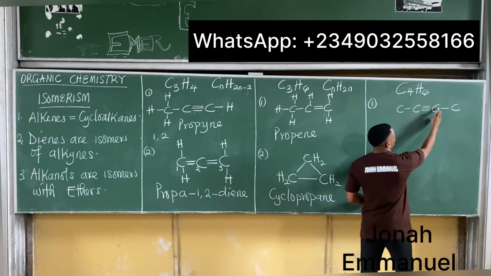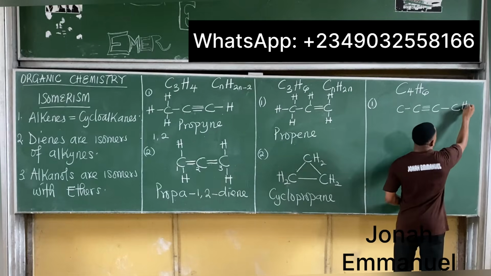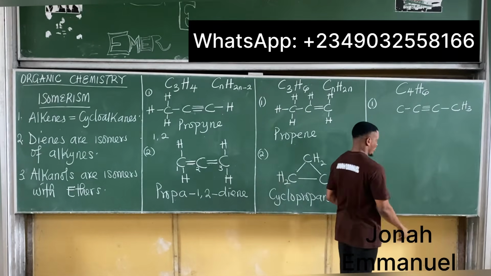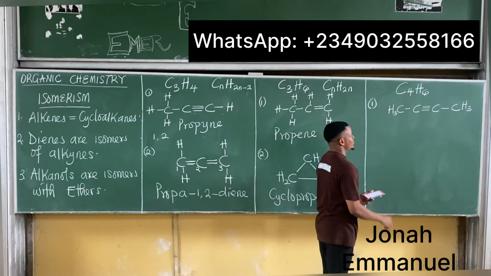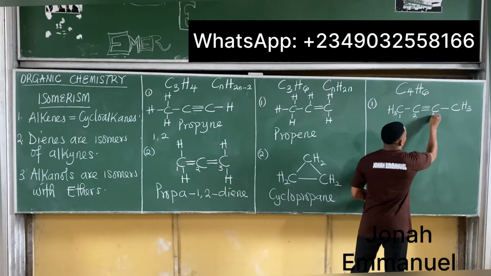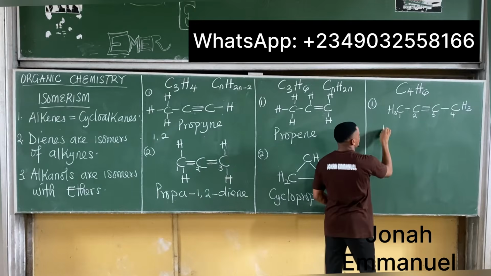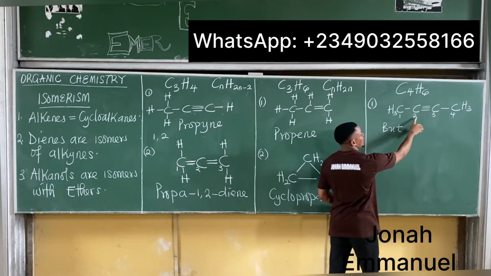This is balanced. I can put H3 here. Still correct. How do I name this? This is 1, 2, 3, 4. 4 carbons is but, so it becomes but. The triple bond is attached to carbon 2.